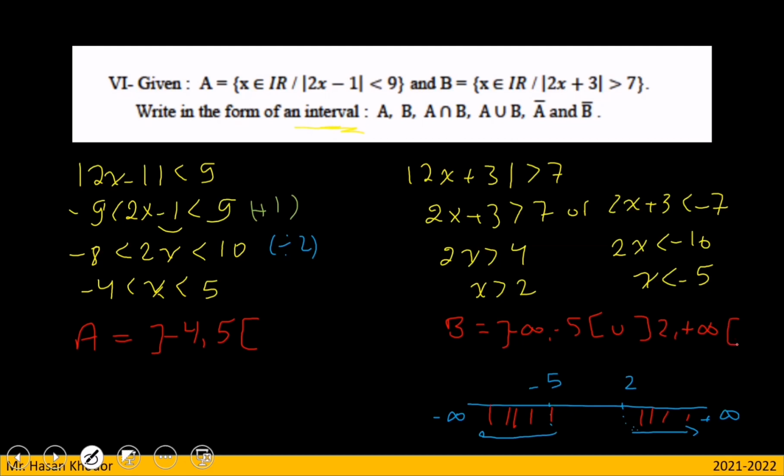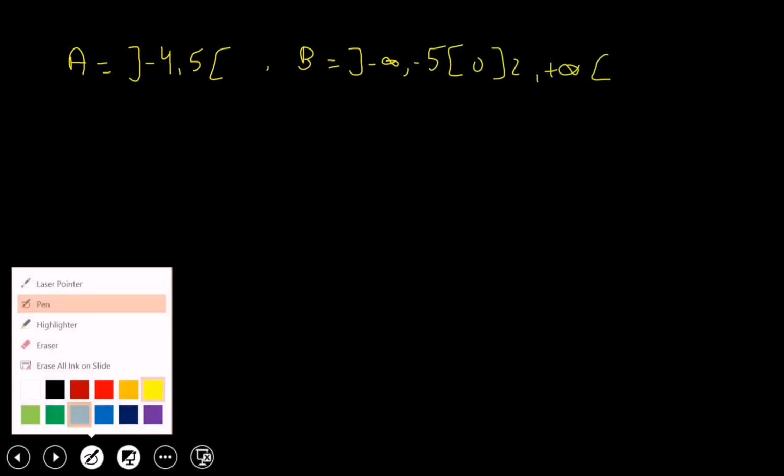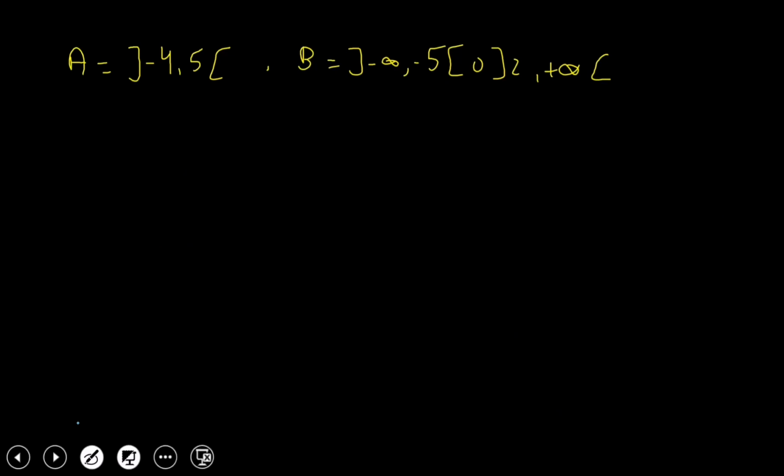Now we want to find the intersection, the union, in addition to A bar and B bar. Let's go. So A is from minus 4 to 5. B is minus infinity to minus 5, union 2 to plus infinity. To find these, we need to represent them on a number line.